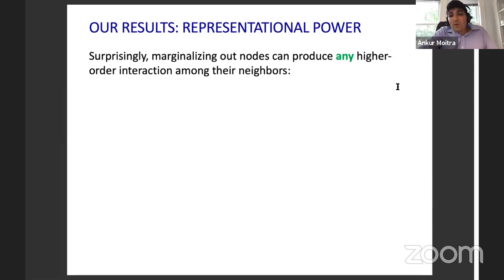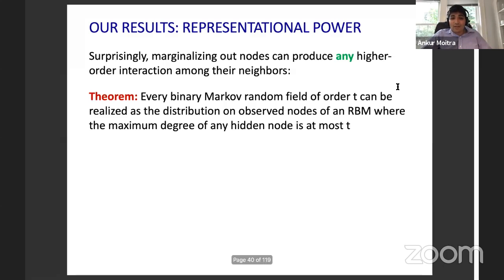Well, I told you this folklore fact that when you marginalize out latent variables in a bounded degree restricted Boltzmann machine, you produce something that at least fits into the class of order D Markov random fields. It turns out that there's actually a pretty surprising converse to that fact: marginalizing out nodes in a bounded degree RBM can actually produce any bounded order Markov random field.